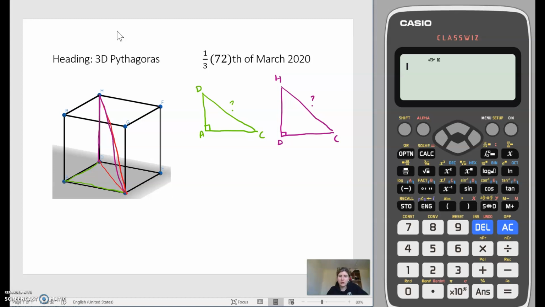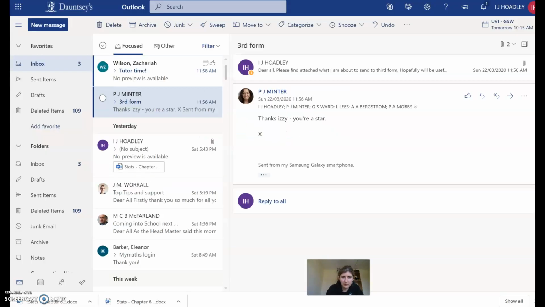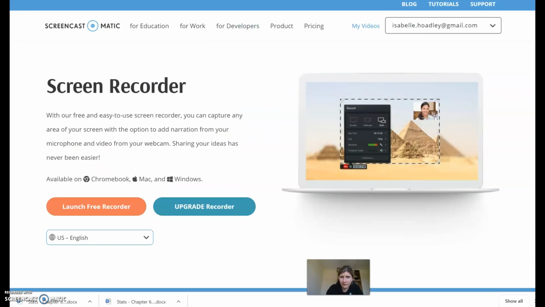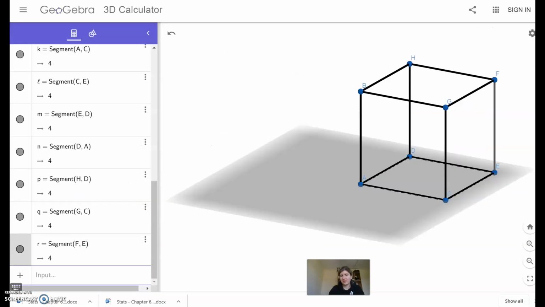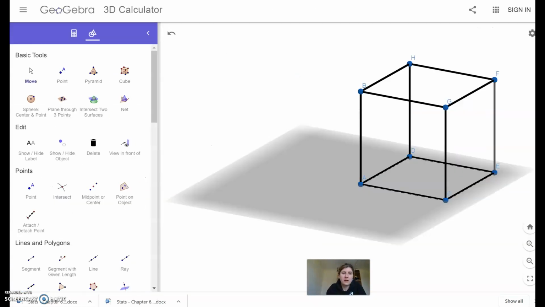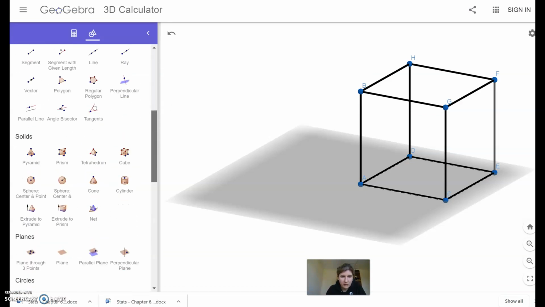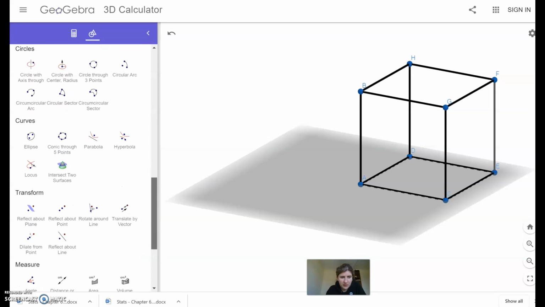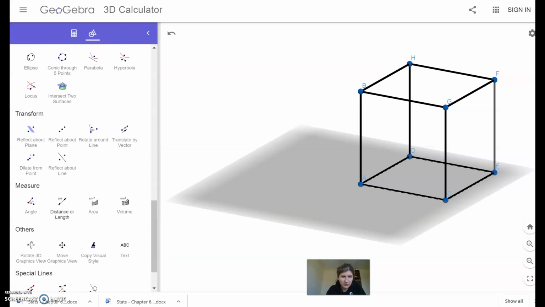I'm going to go back to GeoGebra where I made this up originally, and we'll start getting some lengths and then do some calculations. Here we go, the 3D calculator. On here, I can measure some of these sides. I know how long they are because I made this up before, but I can measure distance or lengths.